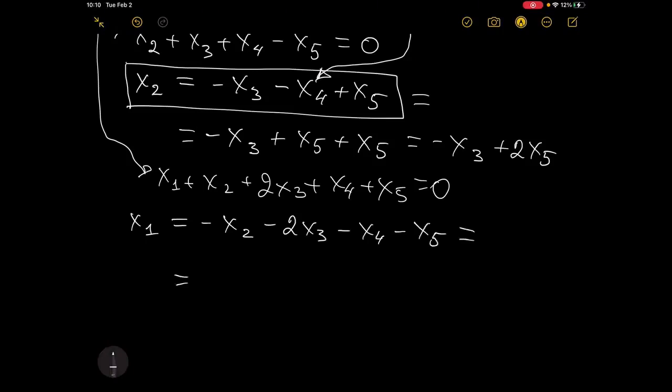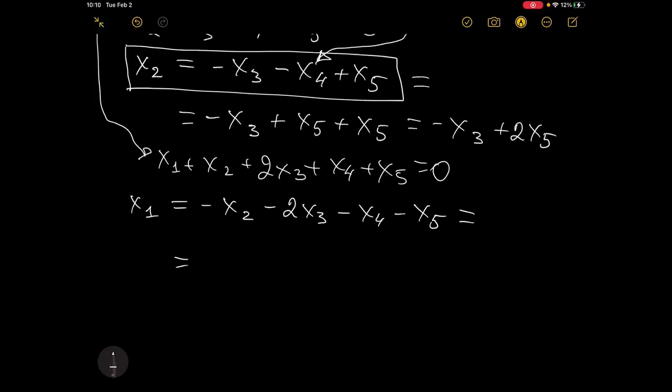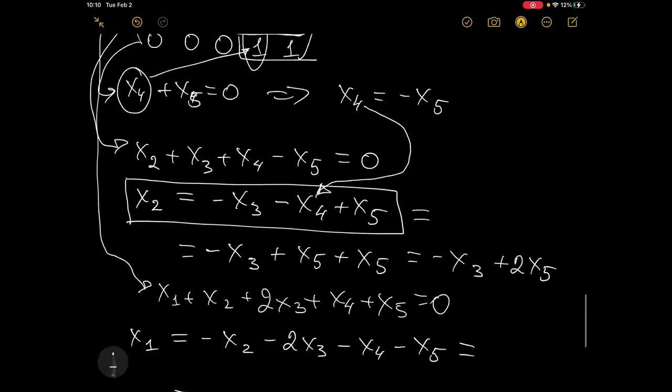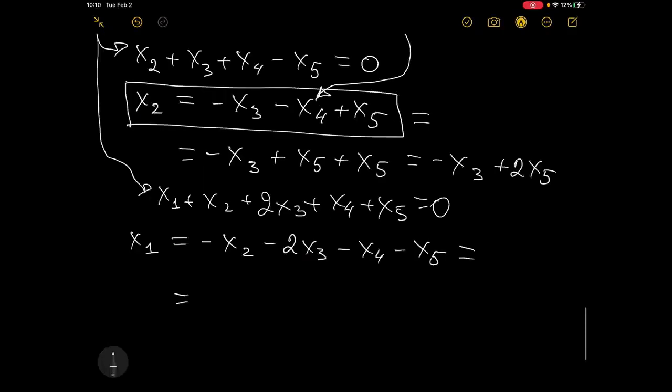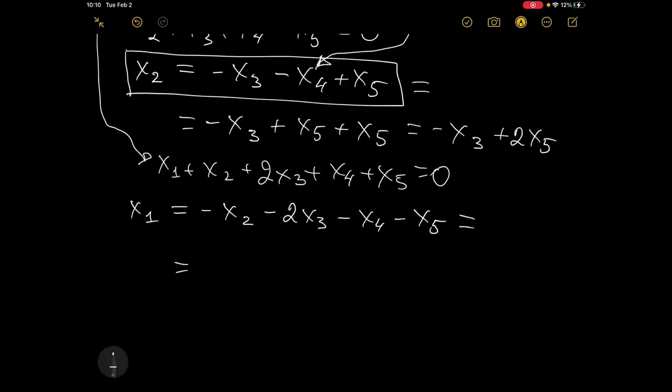Now, exactly as before, instead of leading variables x4 and x2, I will substitute previous expressions, right? So this is instead of x2.